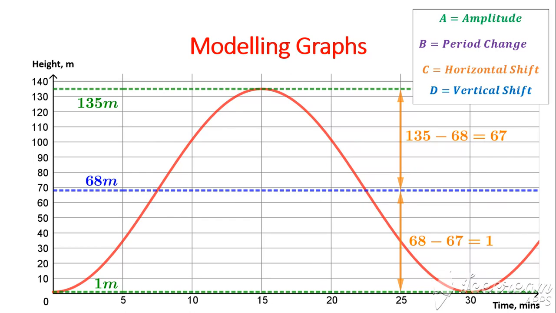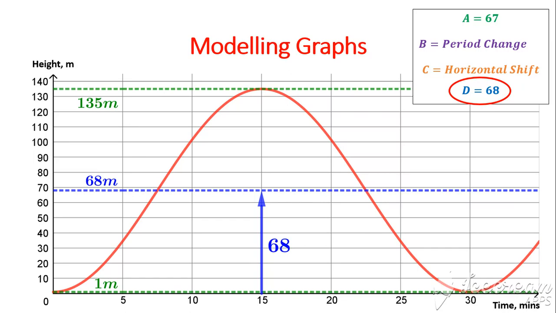So from this information, I know that the amplitude of the graph is 67. So A is 67. I also know the vertical shift is 68. The graph has moved up 68 meters. That's the center of the circle, remember?